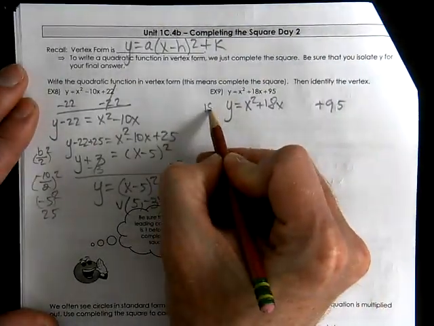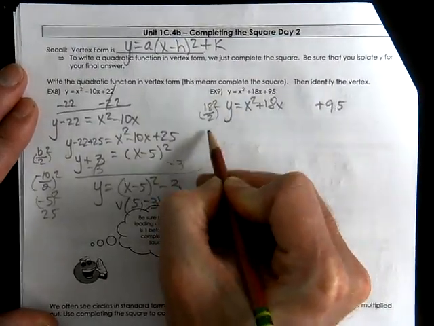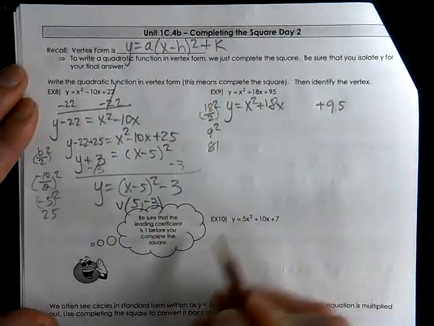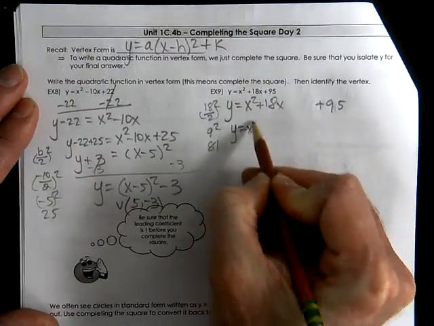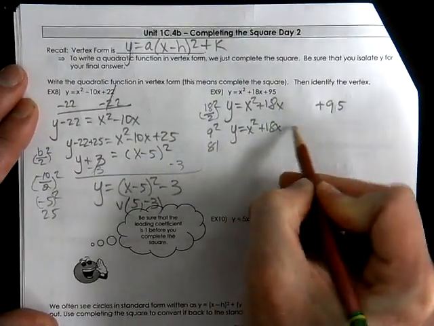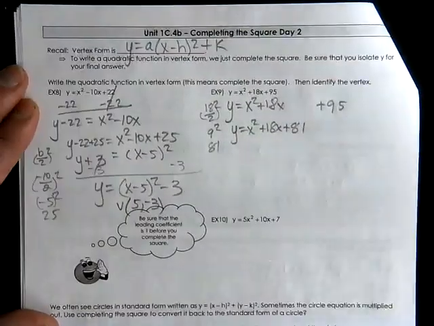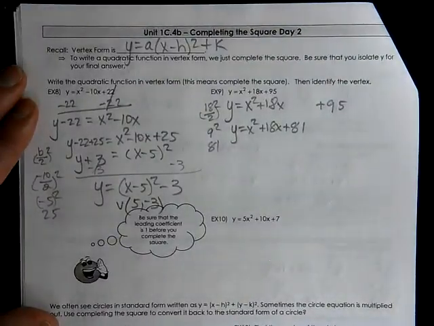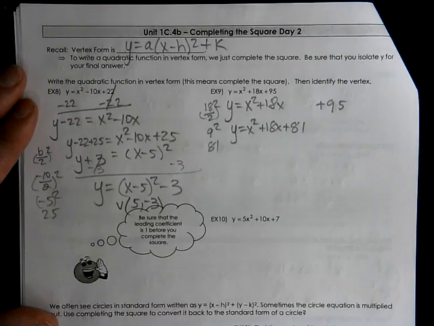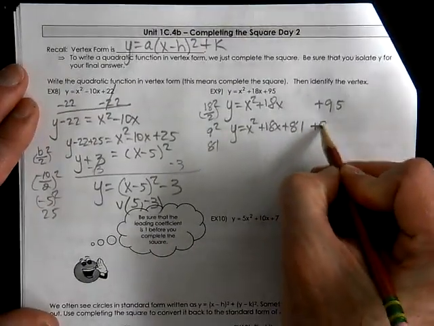Now we do 18 divided by 2 and square it. 9 squared is 81. So I add 81 to this side, just like before. I already have my 95 here.